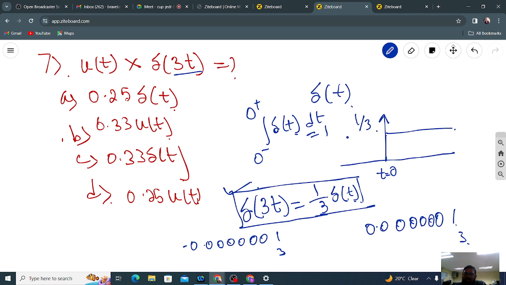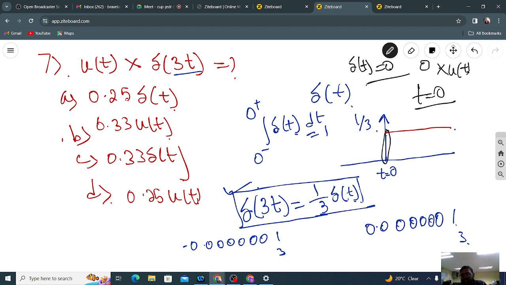So if we multiply two functions, let me draw the u(t) like this with the red function. The effective thing will be within this region only, because at t equal to 0 it will remain, while other places delta t has value 0 but u(t) has value, so something into 0 into some u(t) is going to be 0.